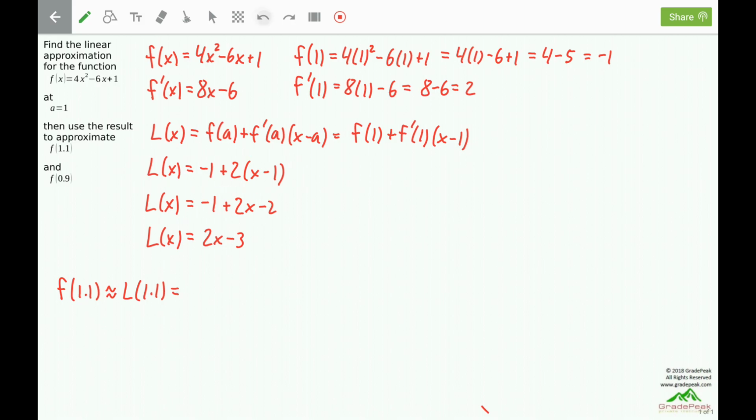That will give negative 1 plus 2 times 1.1 minus 1, which is 0.1. This comes out to negative 1 plus 2 times 0.1, which is 0.2. Negative 1 plus 0.2 is negative 0.8.